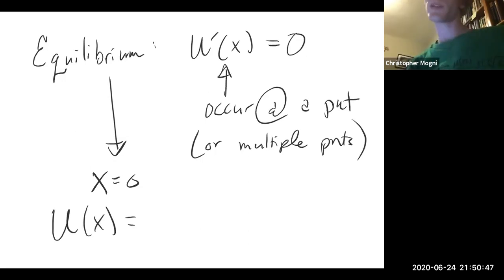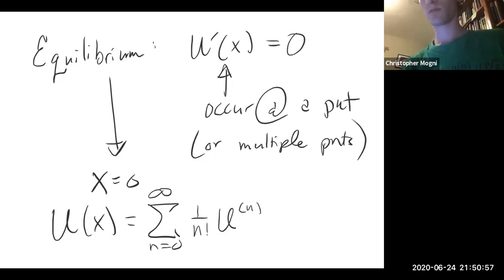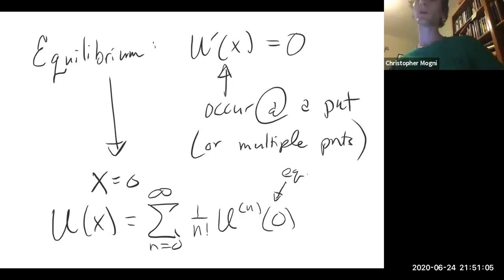If I wanted to keep every single term in the expansion, it would look like this. Again, this is the equilibrium point that we're expanding about, which is why I plugged in 0. The parenthesis n superscript on u just means n derivatives of u with respect to x. And then we have an x to the n.